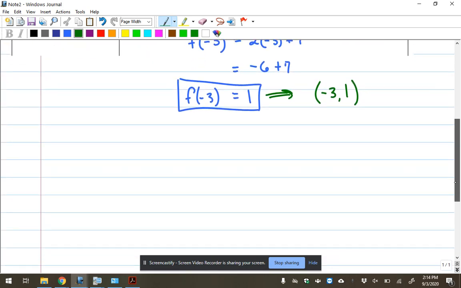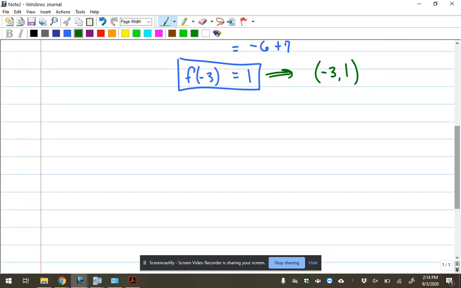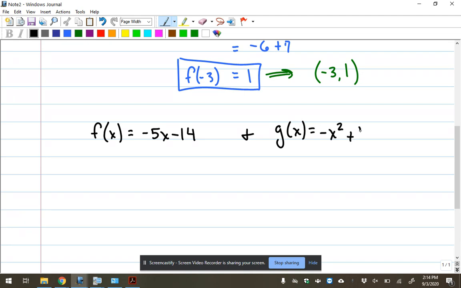Let's do a few examples. We won't do all of these down through here. We'll just do some. Let's do, they give us the functions f of x is equal to negative 5x minus 14, and g of x is negative x squared plus 9x minus 1. And we want to work out some problems.